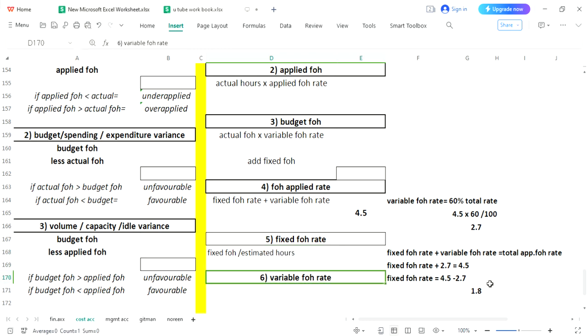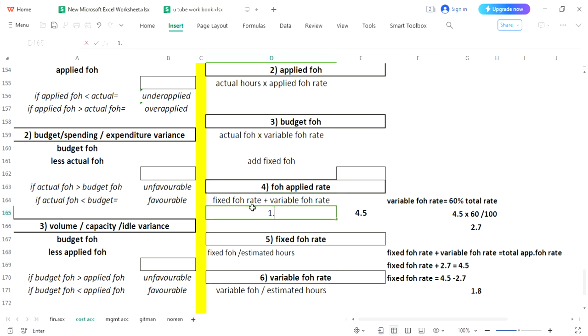In the similar way, variable FH was supposed to be divided by estimated hours over here. But instead of these formulas, in the book supporting statements were given, and with the help of those supporting statements we have calculated our rates. So variable 2.7, fixed 1.8. So put over here 1.8 is your fixed FH rate and 2.7 is your variable FH rate. So rates are calculated over here.